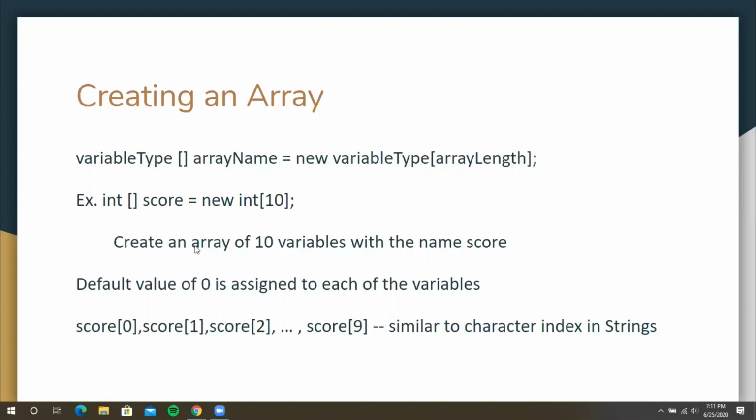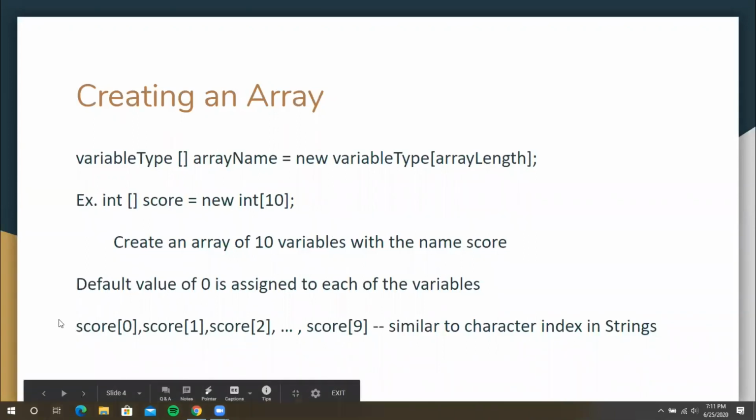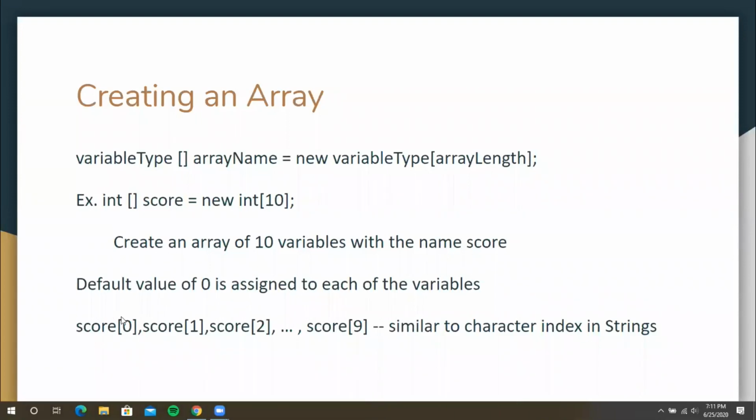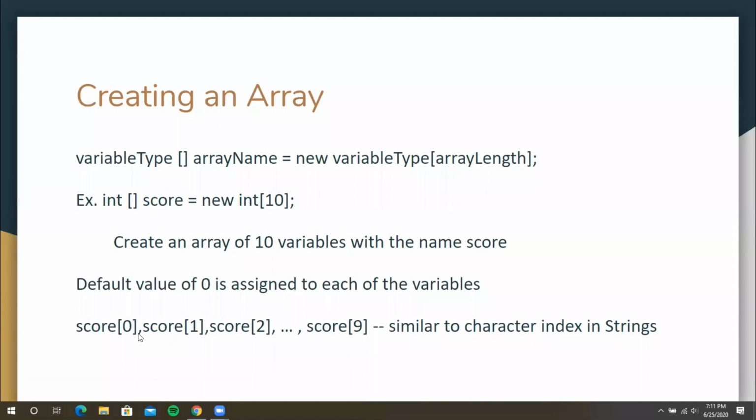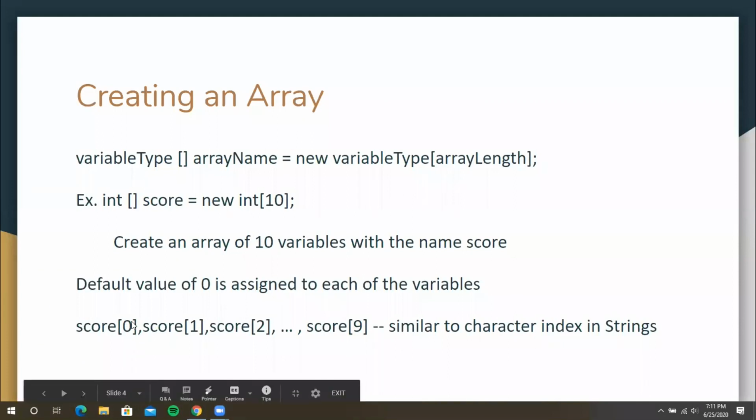When I said that creating an array creates a container with 10 variables, the variables all have the same common name of score, but their index values change. When referring to each of the individual variables within the array, you would only change the index value, and the index matches the way a character index is set in a string.